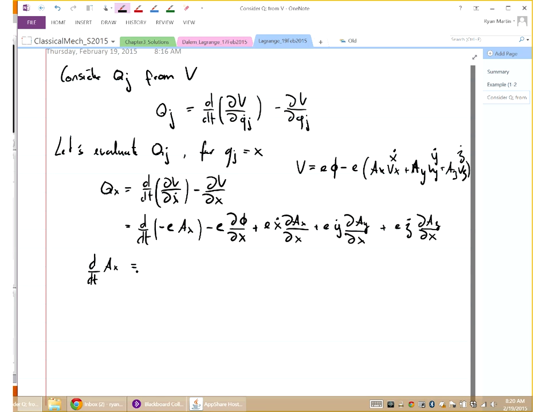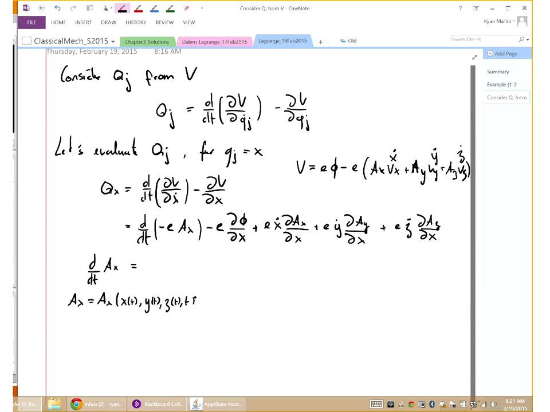So I do the chain rule, and remember this is the total derivative. Ax is a function of x of t, y of t, z of t, and t.